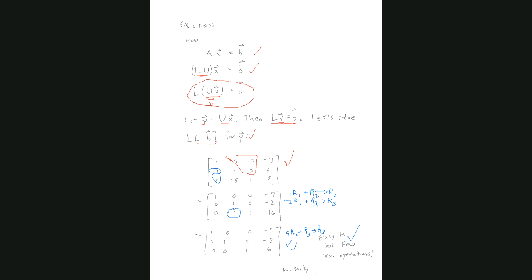We're good? I can move to the next page. So now we know that the vector y is -7, -2, and 6. Those are our answers for the vector y.